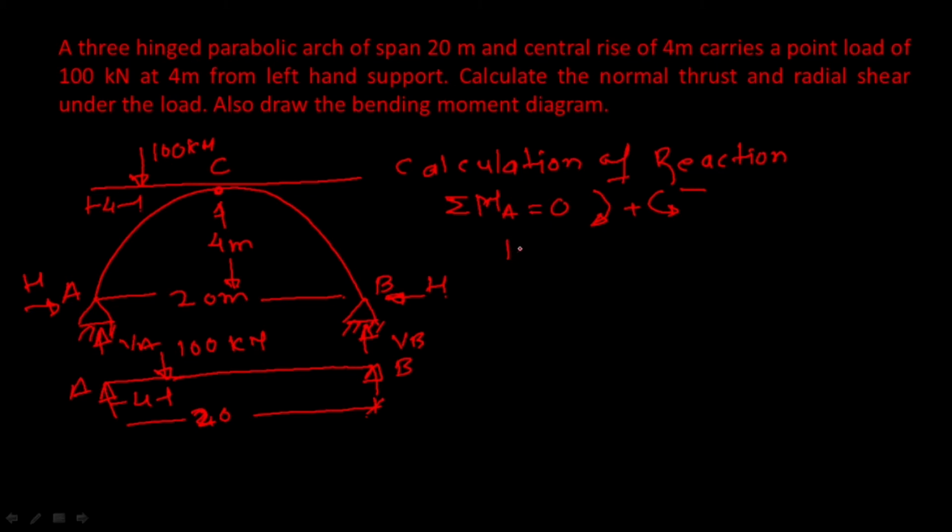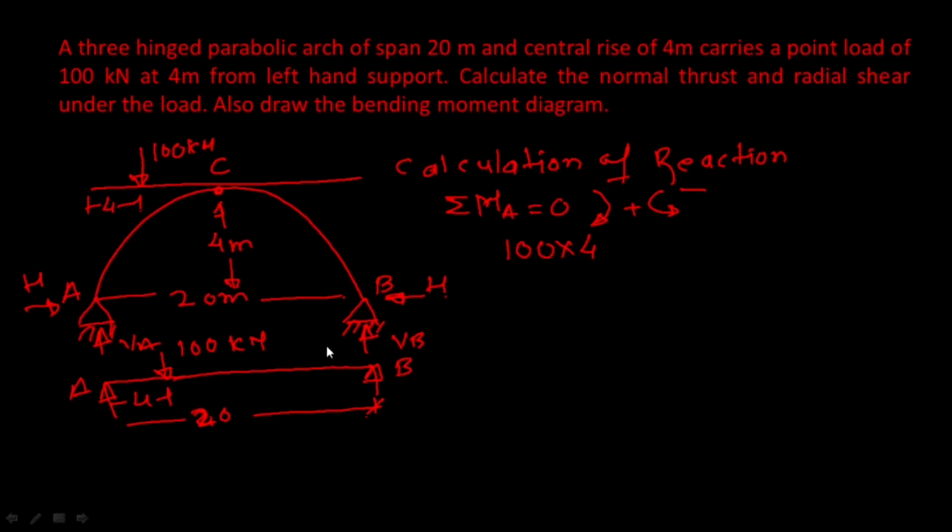So 100 into 4 is clockwise and VB into 20 is anti-clockwise. That is why it's minus VB into the span 20 meter is equal to 0. So VB is equal to 20 kN.